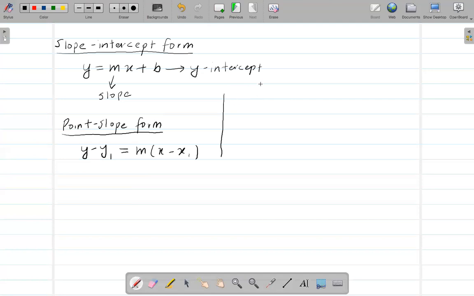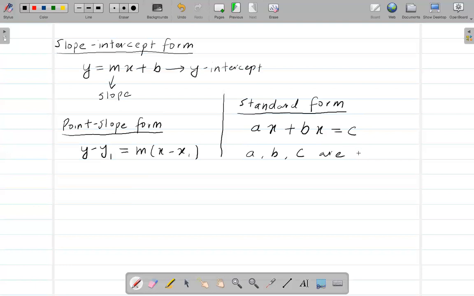You can say general form or standard form, but in the book it says standard form, which is ax plus by equals c. All of these a, b, and c are constants, meaning these are some numbers.